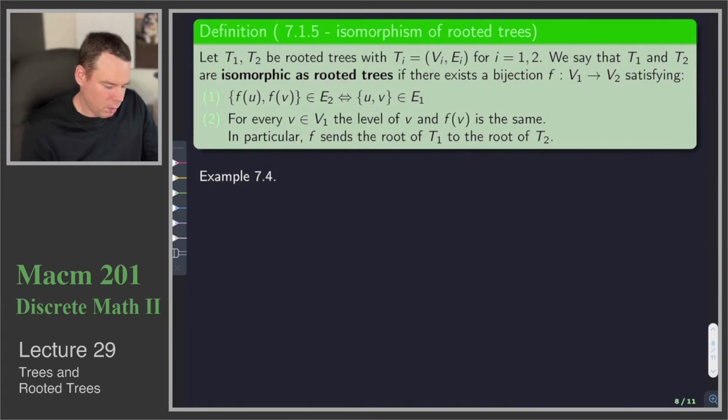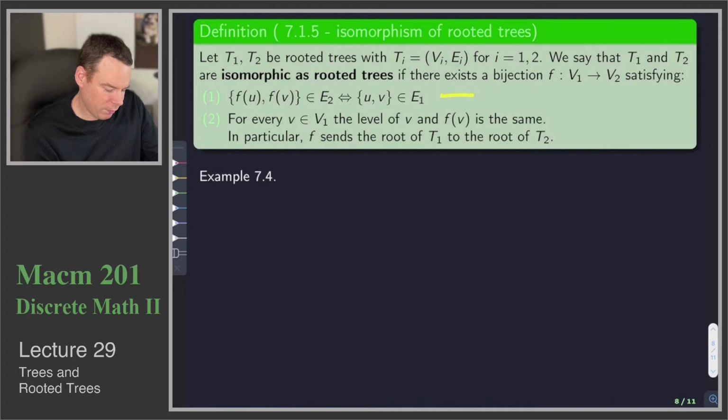Now next, we can talk about isomorphisms of rooted trees. So if T1 and T2 are rooted trees, we say that T1 and T2 are isomorphic as rooted trees if there exists a bijection between their vertex sets, satisfying the fact that if there is an edge from U to V in T1, then there is a corresponding edge from F of U to F of V in T2.